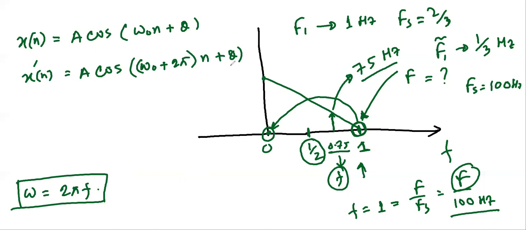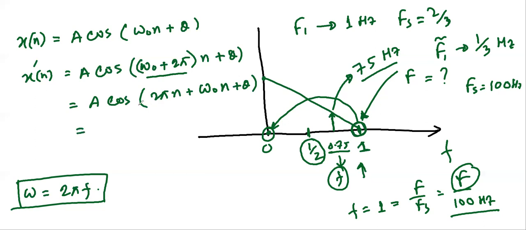What I have done is I have increased the relative frequency by twice pi. If I elaborate this equation, I find it very easily. Let me write it like this: first twice pi n plus omega 0 n plus theta.